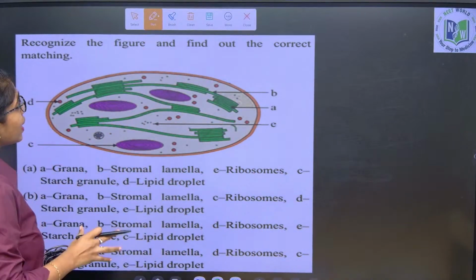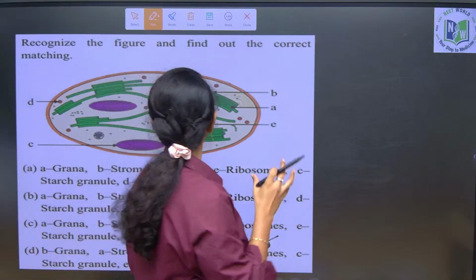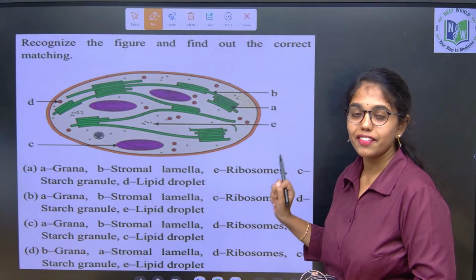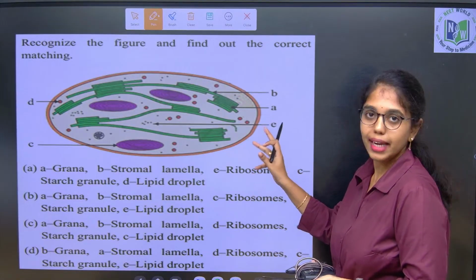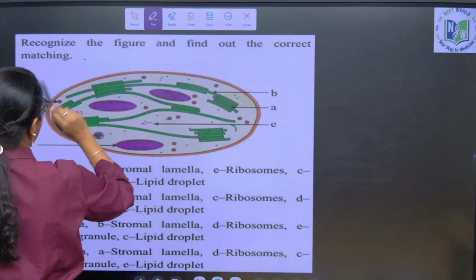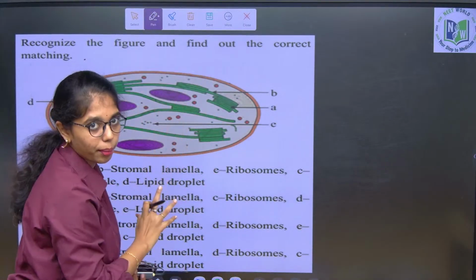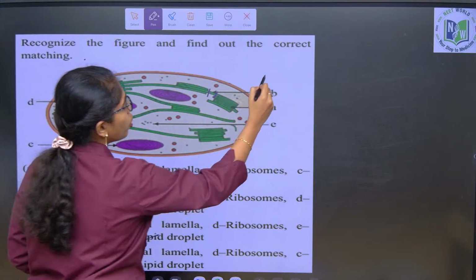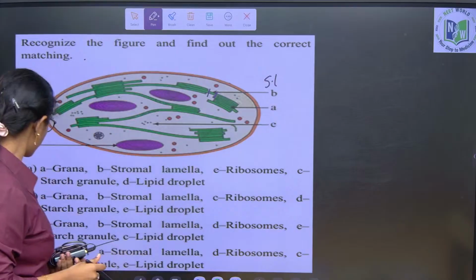Now, recognize the figure and find out the correct matching. Here the chloroplast structure is given and we have to go with the proper labeling. That is very simple, right? But we sometimes make mistakes by not looking into it properly. B is what? Stroma lamellae. B is stroma lamellae.